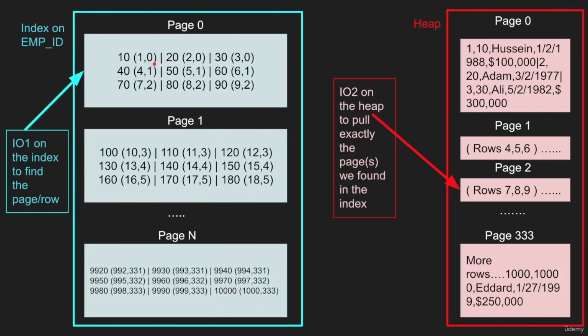This is the point that we talked about. It says employee ID 10 lives in row ID 1 and lives in page 0, right? Employee ID 20 lives on page 0 and row ID 2. Employee number 110 lives on page 3, and he has row ID 11, and so on, right?